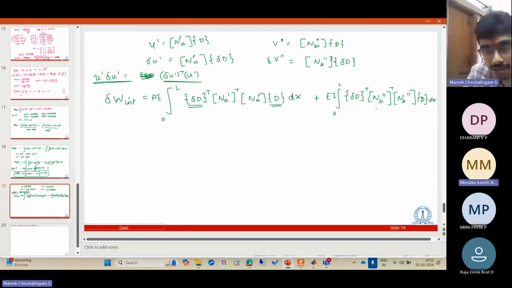Right? Now, does this depend on x? These two do not depend on x, right? Similarly, this and this do not depend on x. So I can take them out of the integral.